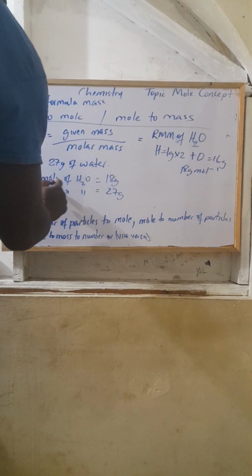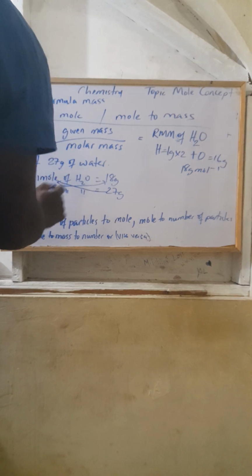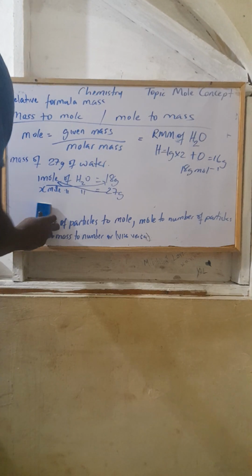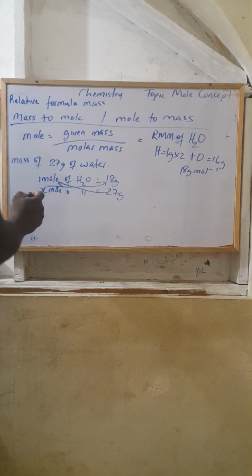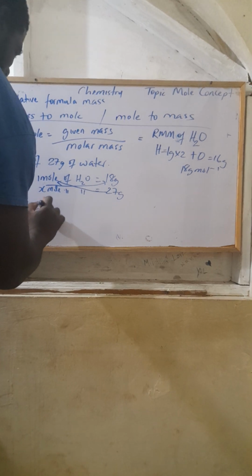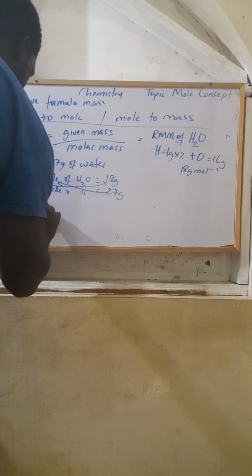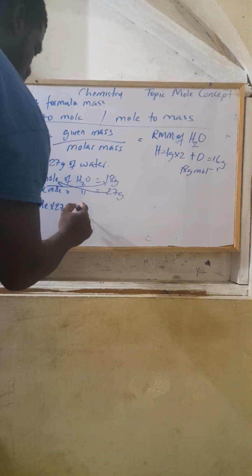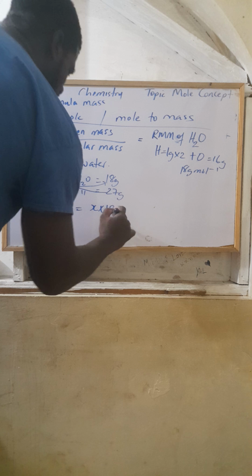We cross multiply: X times 18 grams, and 27 times 1 mole, which is equal to 1 mole times 27 grams, and X times 18 grams.